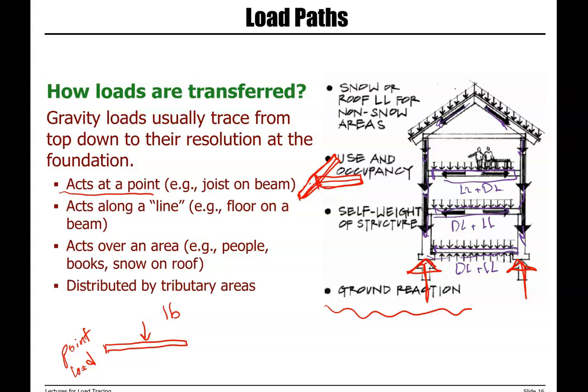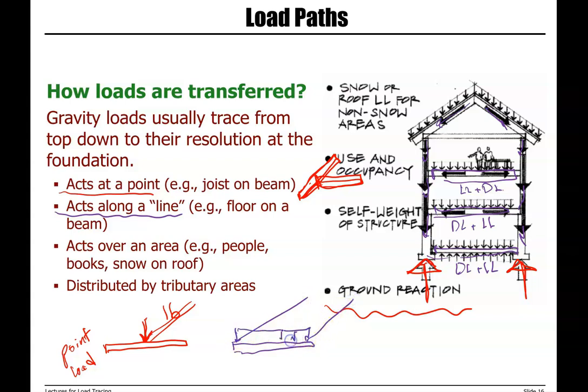Here, if we look at the beam, where a joist is connected to the beam, we have a point load. Then we have loads acting along a line, for example, a floor on a beam. So we have a beam and we have a flooring system.